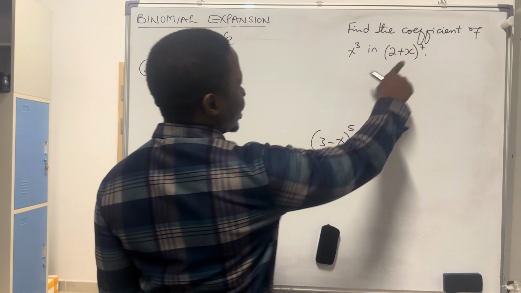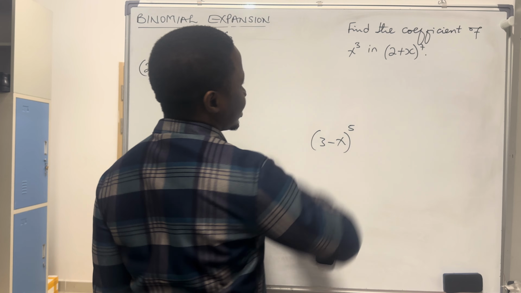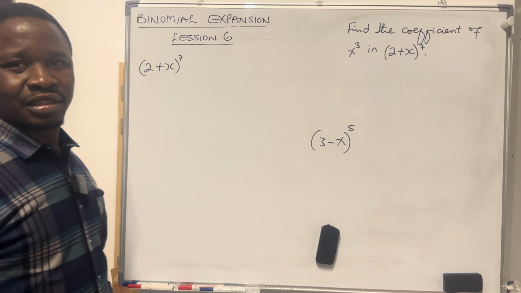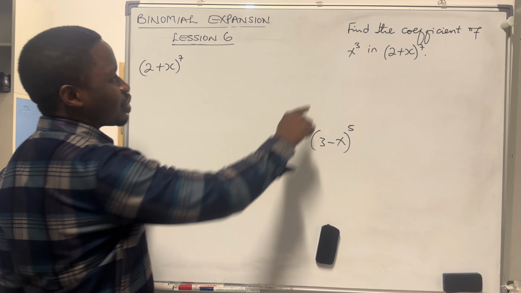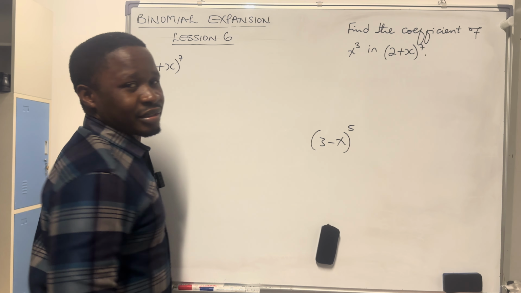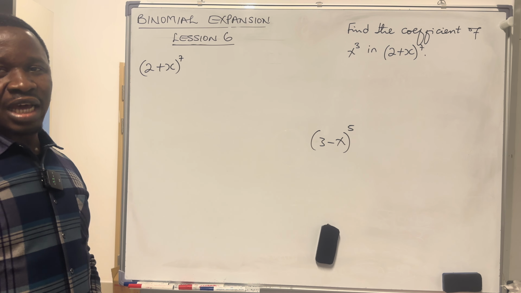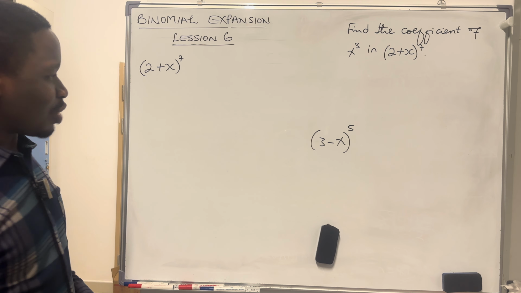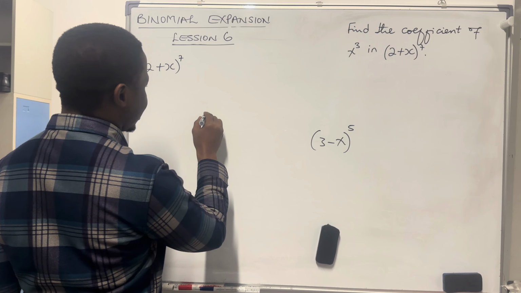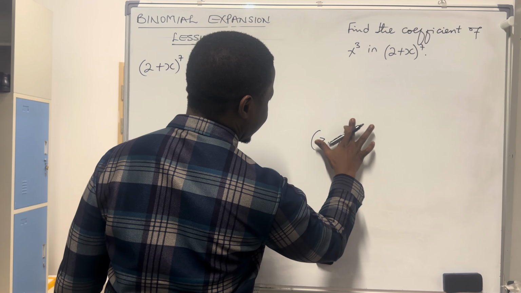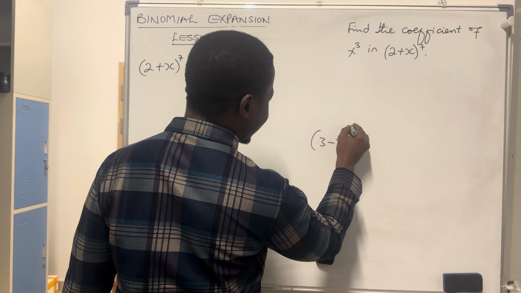Now, if the power is 3, which term is that? Just give it 1. 3 plus 1 is 4. That means it is the fourth term. You want to see something? Now let's say the power is 2 here.